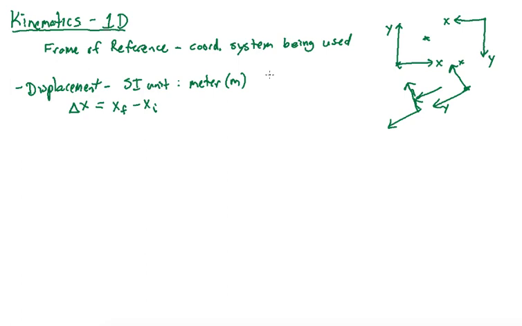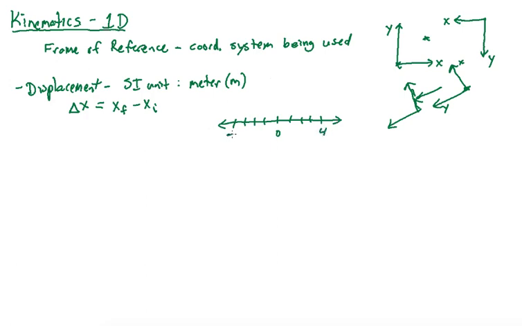So let's say we have some coordinate system here, some x-axis. This could be 0, and then 1, 2, 3, 4, and -1, -2, -3, -4, something like that.